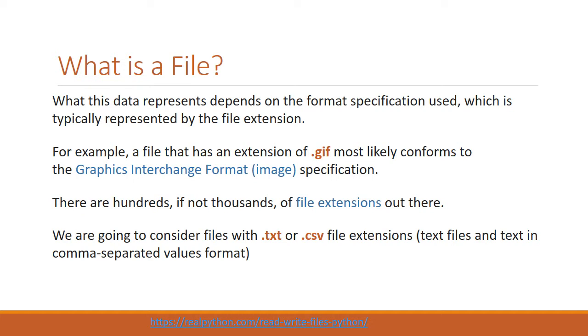And there are hundreds or thousands of file extensions out there. In this discussion, we're going to concentrate on the .txt or text files and .csv files, which are text files in comma-separated values format.